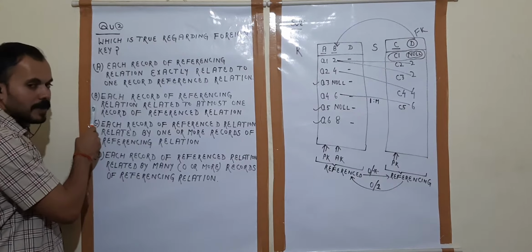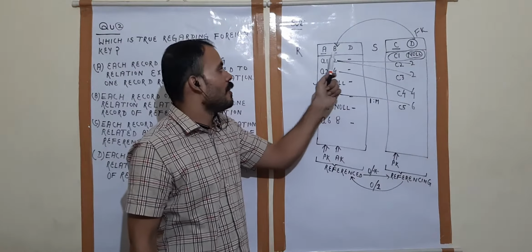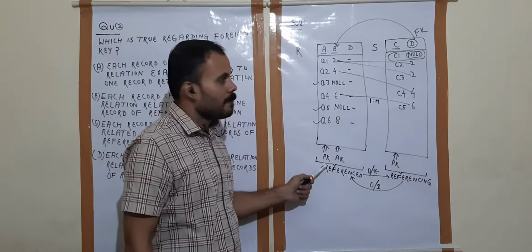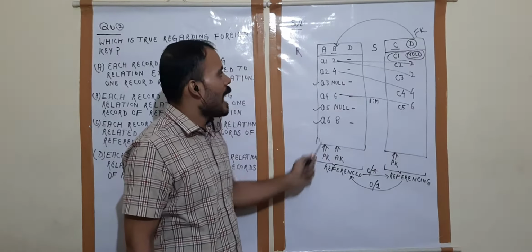See here, first see this example, then we will decide which statement is true and which statement is false. I have taken two relations, R and S. R is a relation which contains three attributes A, B and D, where A is the primary key and B is the alternative key, and D is a non-key attribute.